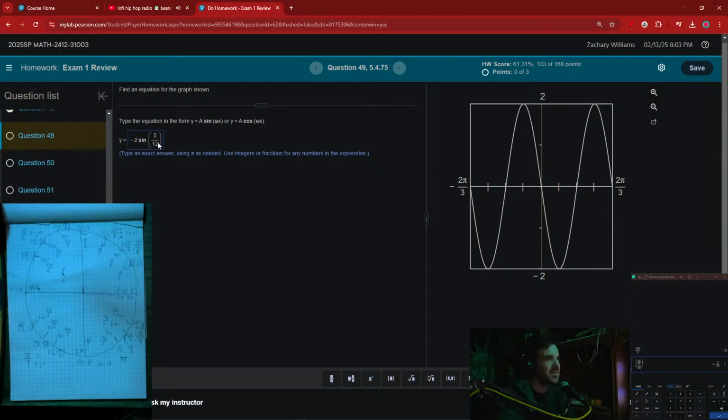Or no, that's not the most simplified version because I did the X flip, X mirror. So the most simplified version is I just move it 30 degrees. No wait. I'm finding the period. I'm not moving anything. So yeah, 30, 60, 90, 120, 150, 5 pi over 6 is the period.